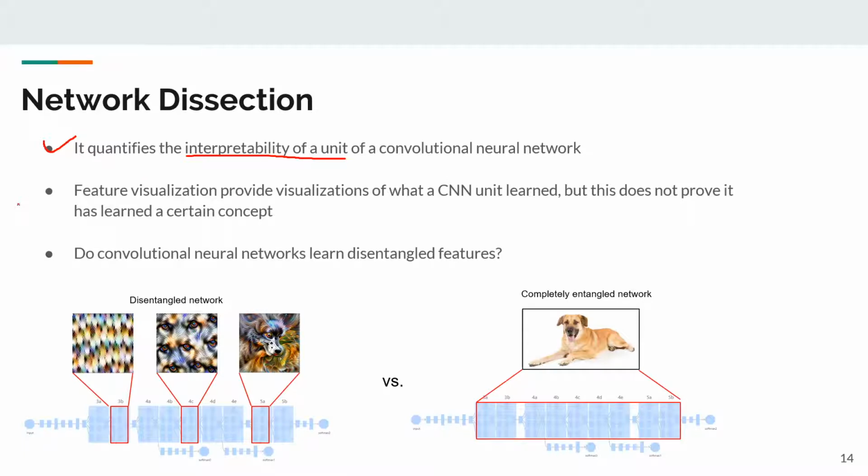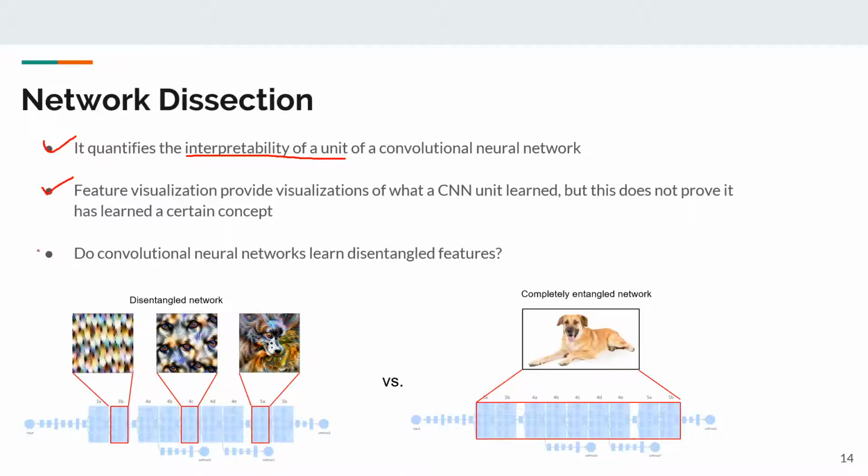Basically, it links highly activated areas inside the network with human concepts such as textures, colors, parts, or objects. In the previous section, we saw how the channels of neural networks learn new features, but these visualizations do not prove that a unit has learned a certain concept. Additionally, there is no measure for how well a unit detects objects.